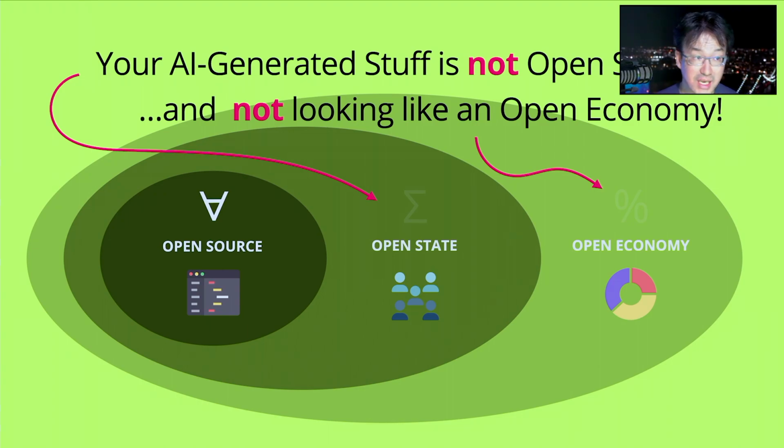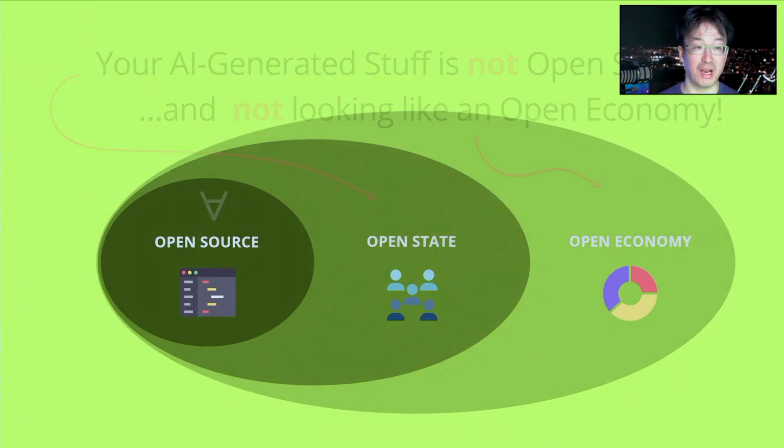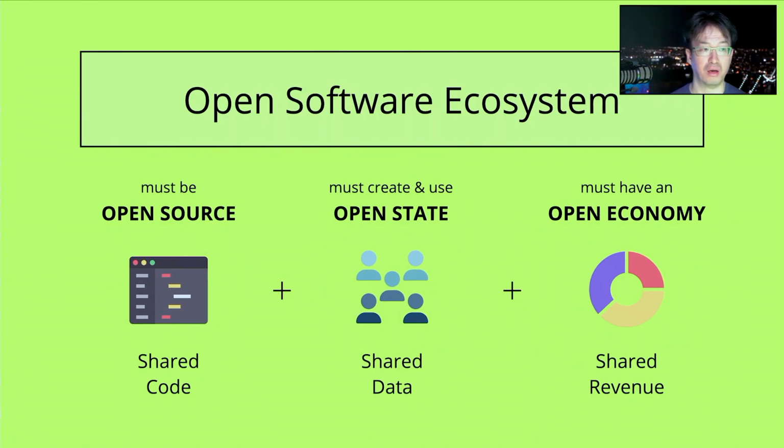Right now, it doesn't seem like the open economy is happening within the AI stuff. But it's very, very hard for me to imagine that it would not be an important pillar of an open software ecosystem that has that open source shared code with the open state, where you have your own data and you can share the data with whom you want, and an economy where people can train AI, maybe even do a customization service for other people, write agents for them, or eventually even be a person who helps people learn how to do it, teach.